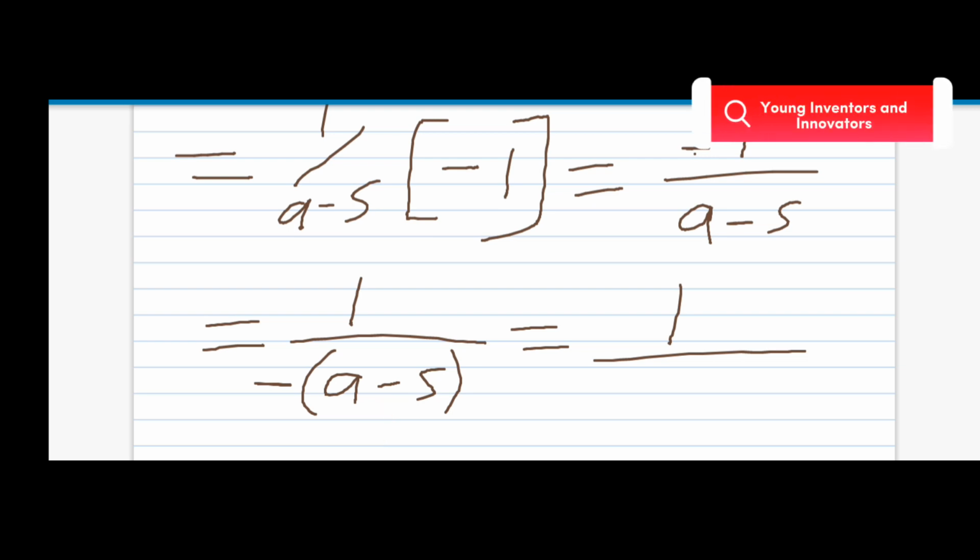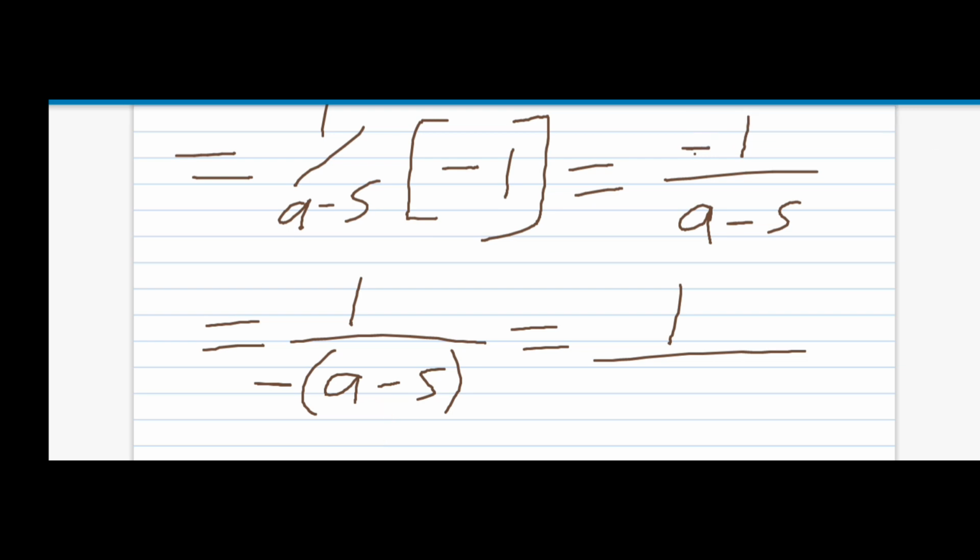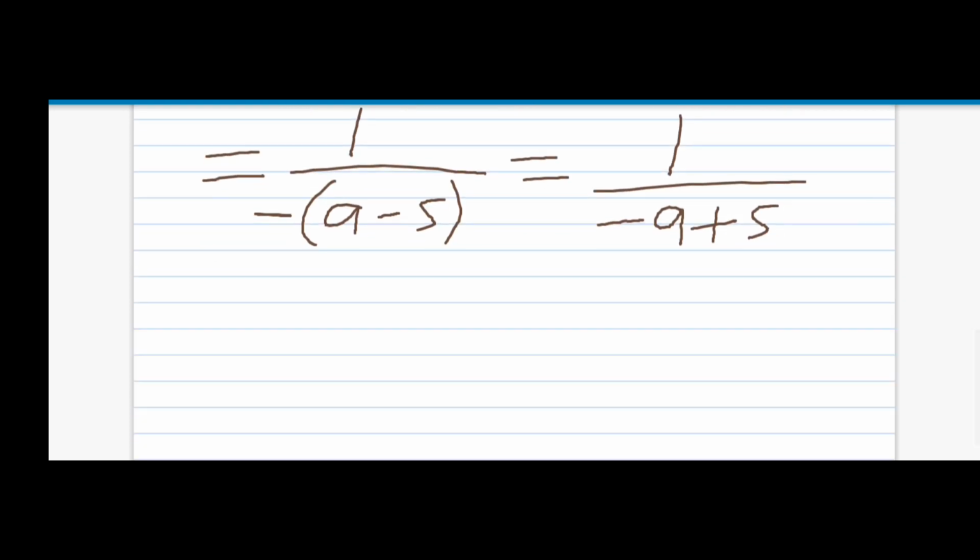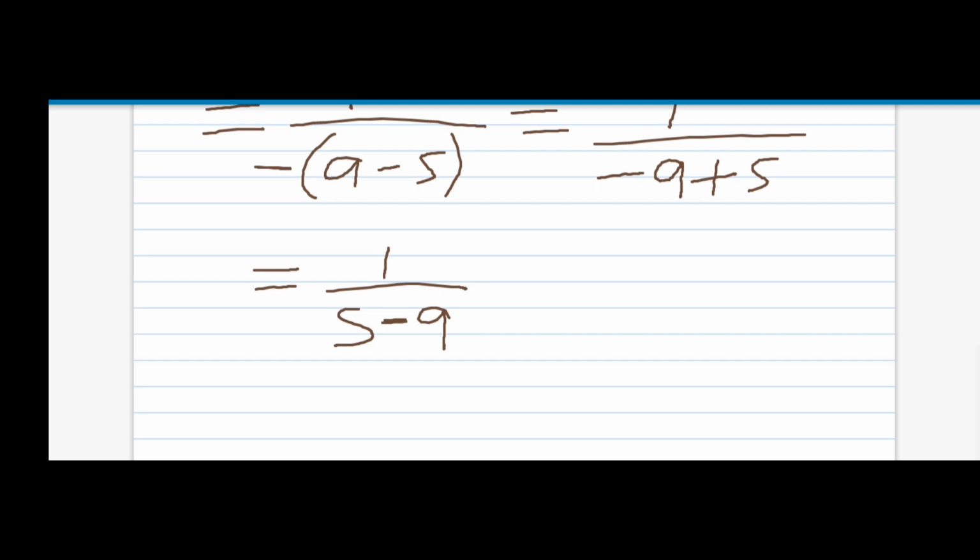So we are going to have minus times a is minus a, then minus times minus s is plus s. Definitely we are going to have as our final answer 1 over s, rearranging, minus a. So the Laplace transform of e raised to power at is 1 over s minus a. So this is our final answer.